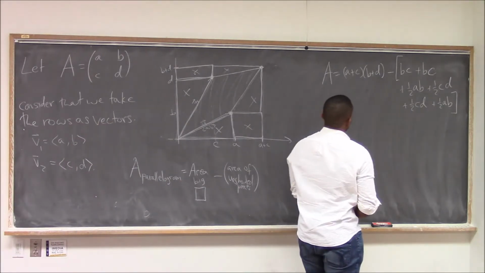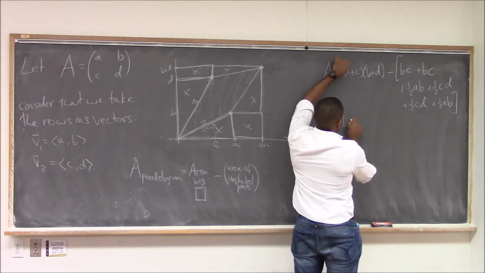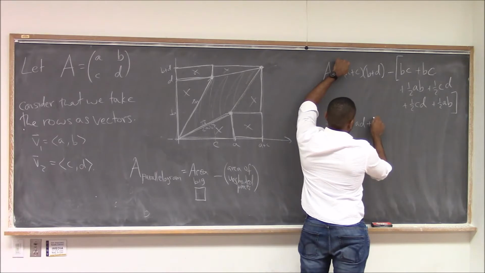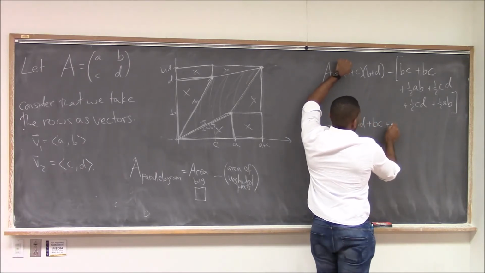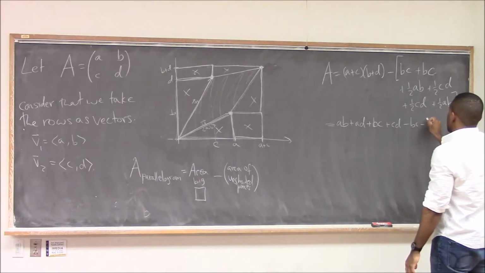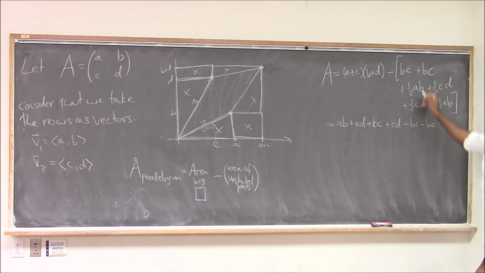Let's actually simplify this. So this becomes AB plus AD plus BC plus CD, minus BC minus BC. These add up together, right? So that's minus AB, minus CD.